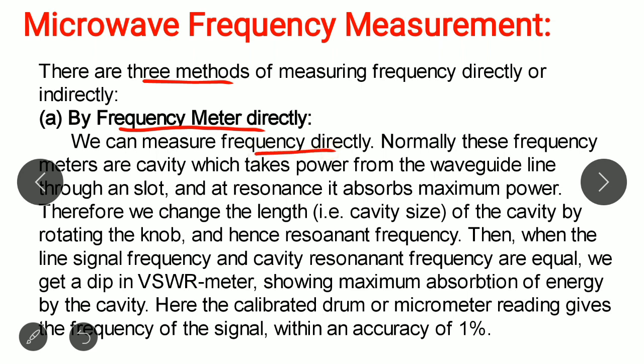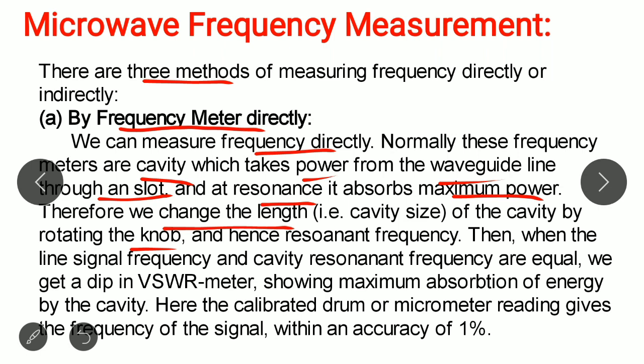Normally this frequency meter is a cavity which takes power from the waveguide line through a slot, and at resonance it absorbs maximum power, and therefore the change in length of the cavity by rotating a knob gives the resonant frequency.